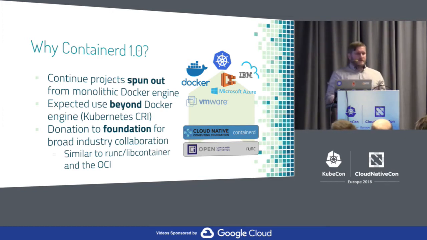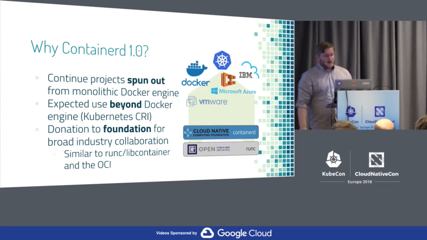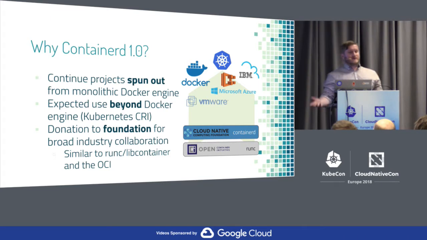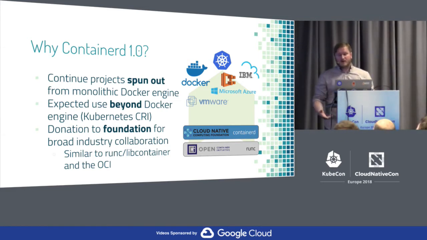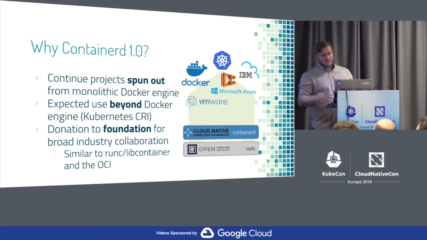We also wanted to have other use cases such as the Kubernetes CRI, BuildKit, which is another project that does build, as well as other stuff we haven't thought of. And we wanted to donate it to a foundation, with broad industry support. So we have lots of contributors like IBM, Microsoft, Amazon, VMware, and Google, and people from the Kubernetes community as well.